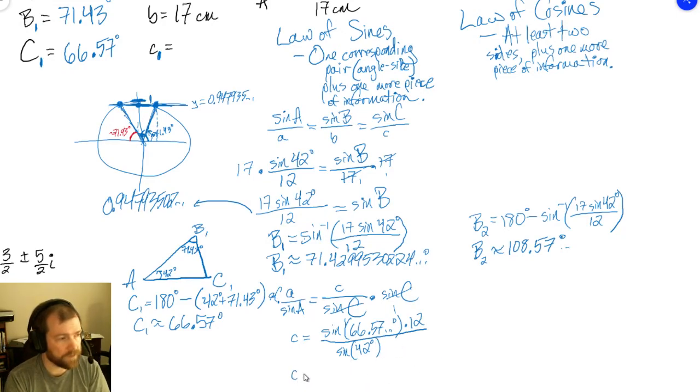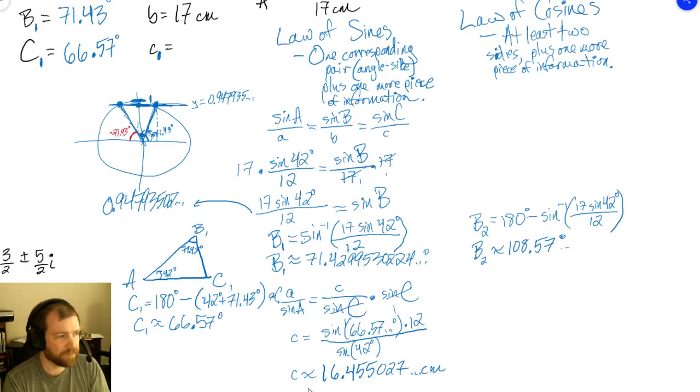And little c from this is going to be, again, approximately equal to the sine of C times 12 divided by the sine of 42 degrees. We get an answer here of 16.4550275, etc. centimeters.